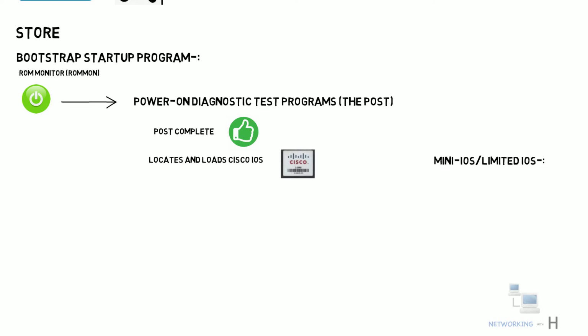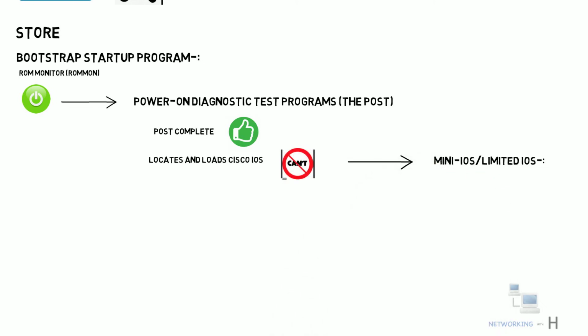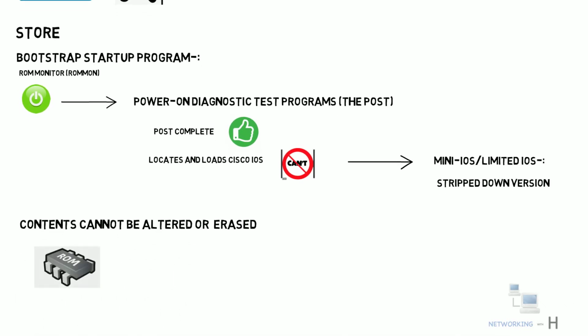If the bootstrap cannot find the IOS in flash, a stripped down version of the IOS will be loaded from ROM instead, which provides a limited backup version of the OS in case the router cannot load the full featured IOS. The contents of ROM cannot be altered or erased. The entire ROM chip must be replaced if an upgrade or repair is necessary.